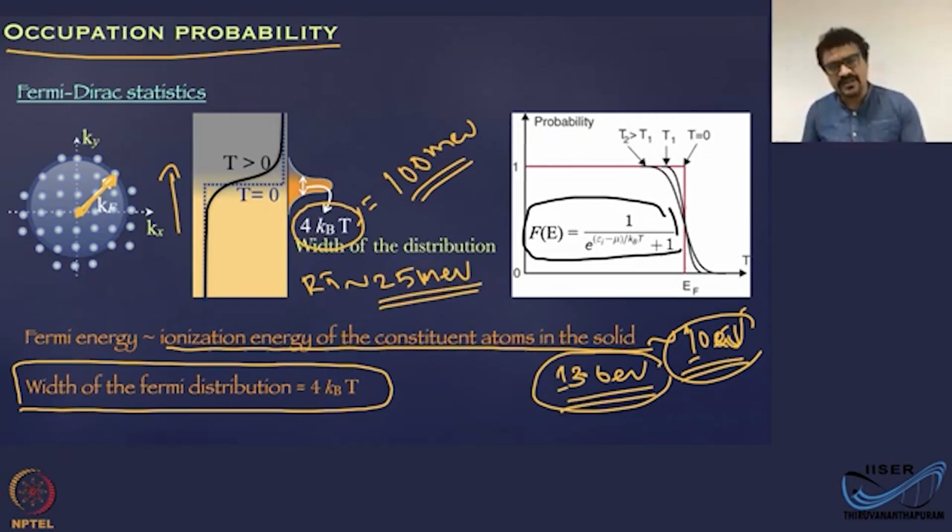So at a reasonable temperature, whether it's room temperature or even slightly higher, the softening of the Fermi surface is not really appreciable. That contributes only a small fraction of the overall dimension of the Fermi sphere. That is what I'm trying to say here. All right.